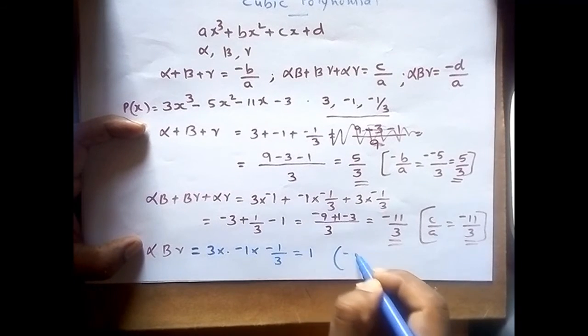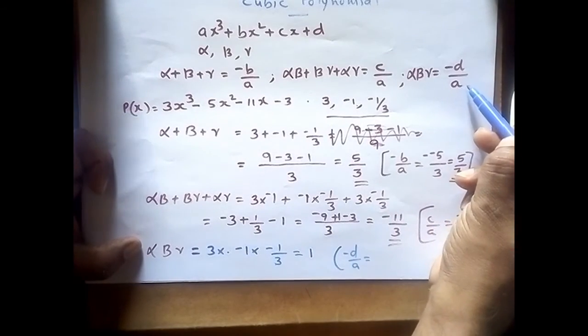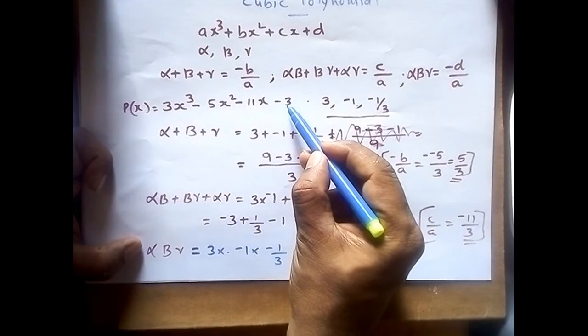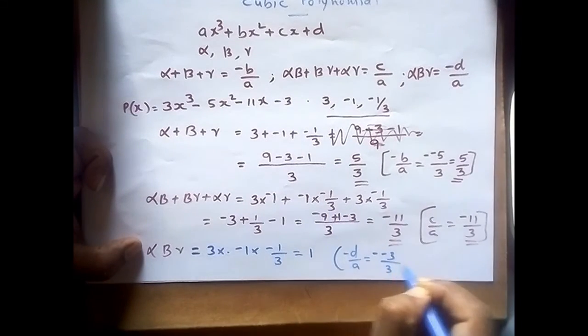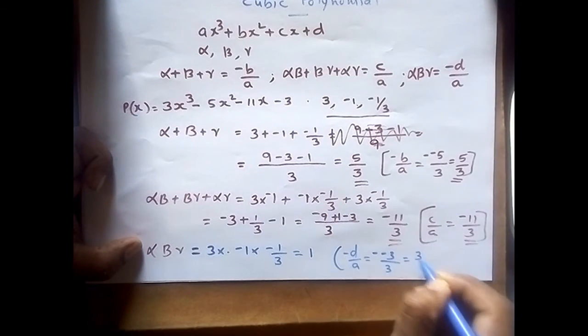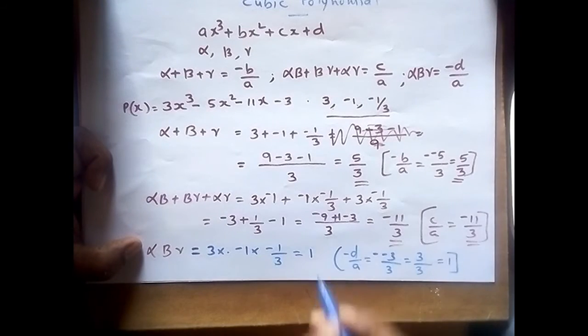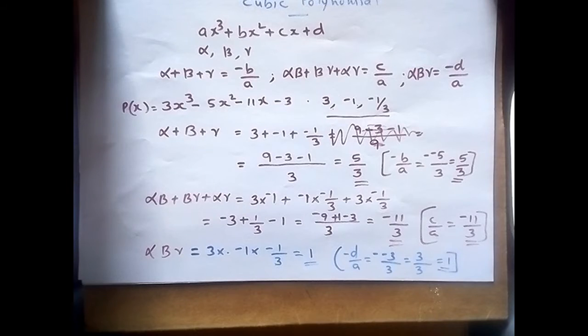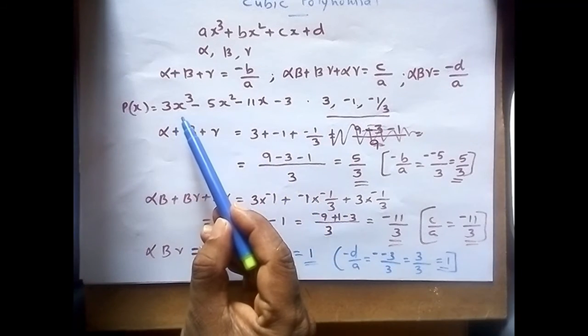What about −d/a? −d/a is equal to minus of −3, that means minus of −3 by 3. Minus of −3 is plus 3, so 3 divided by 3 is equal to 1. So we have demonstrated that this result is true for a polynomial with this example.